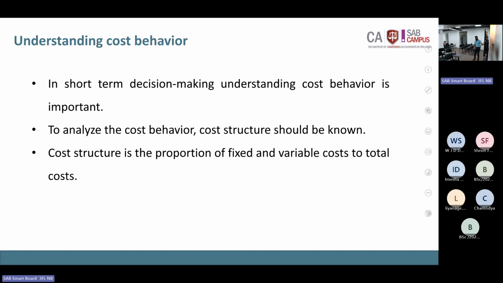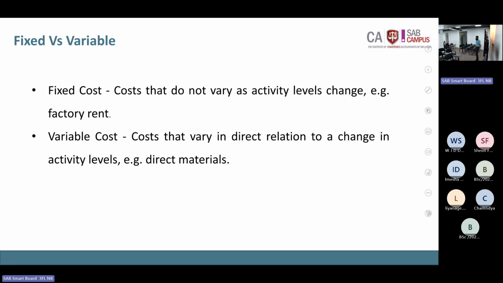Right. So before that, when we do CVP analysis, there are different cost classifications: fixed and variable cost, then controllable, uncontrollable cost, direct, indirect. There are a lot of classifications, but in CVP analysis we use one classification, that is fixed cost and variable cost. So based on fixed cost and variable cost identification, we do calculations here.